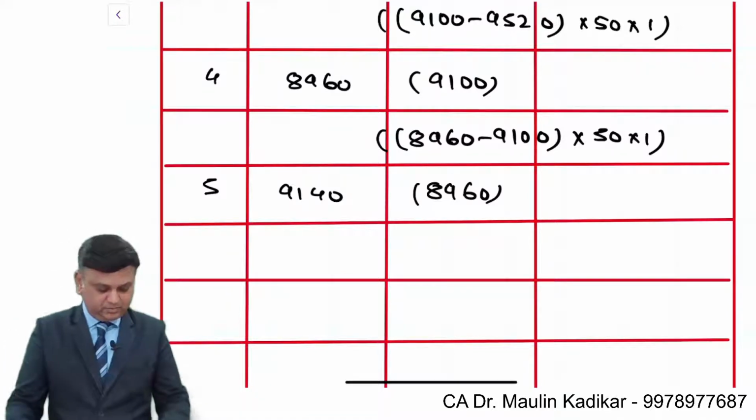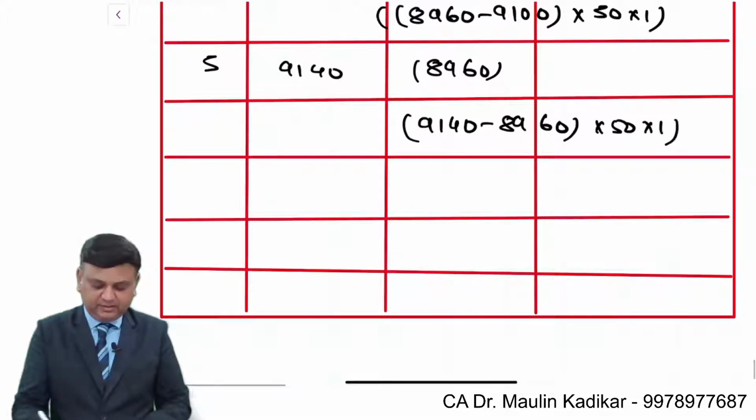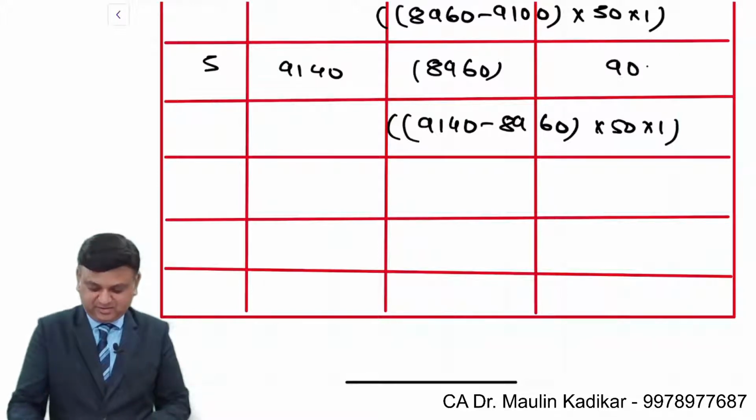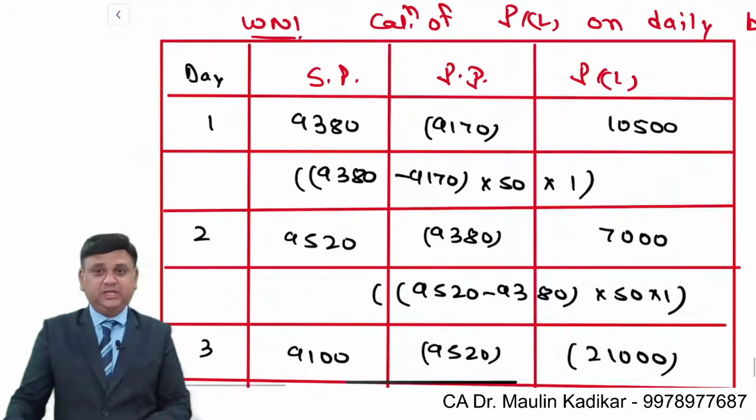So that comes to 7,000 loss once again. 9140 minus 8960 into 50 into 1. 9140 minus 8960, 180 into 50. That comes to profit of 9,000. Okay, so this is the profit or loss that we have on the daily basis.